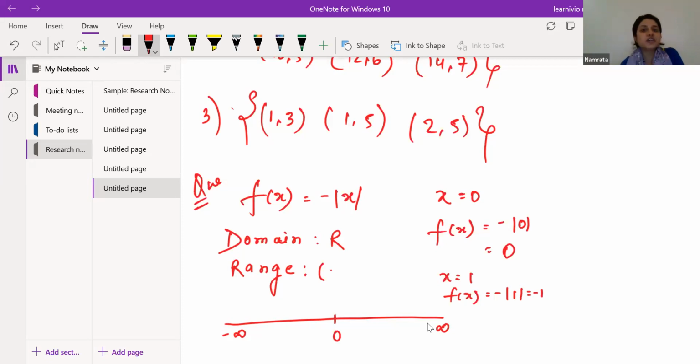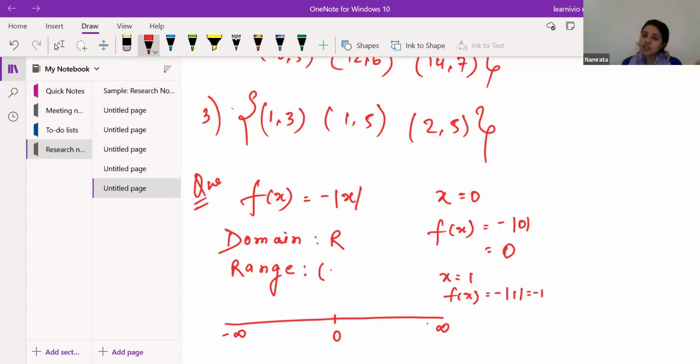Any value you take from here, you will always get a negative value for y, because before the modulus there is a negative sign.